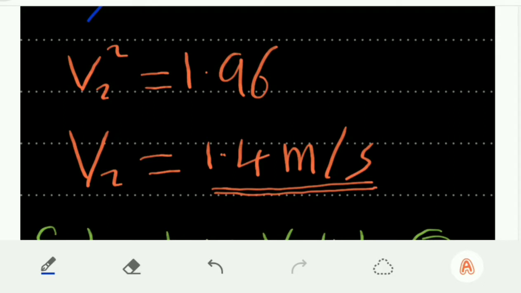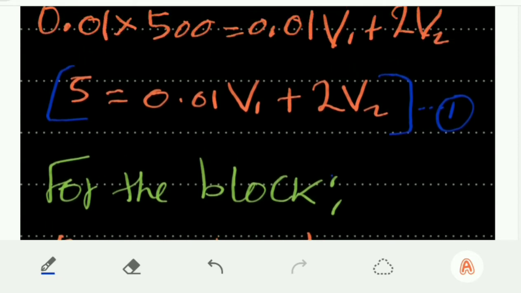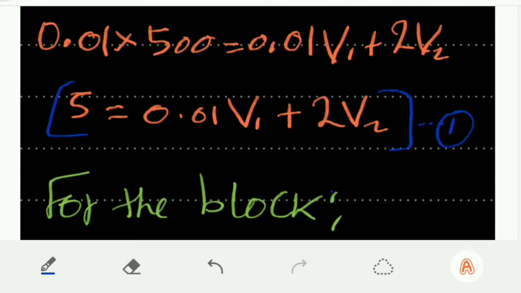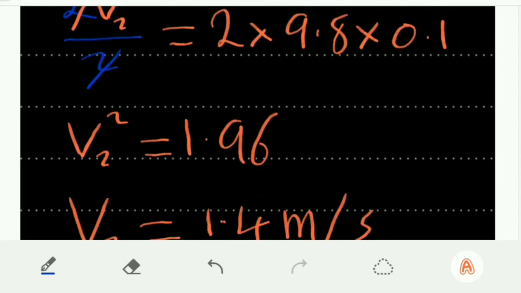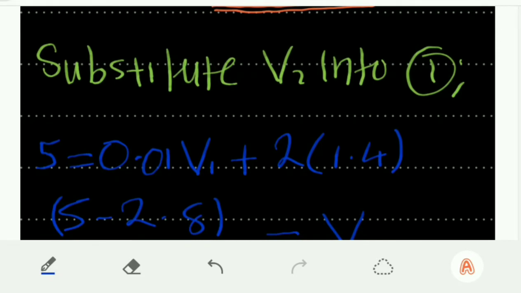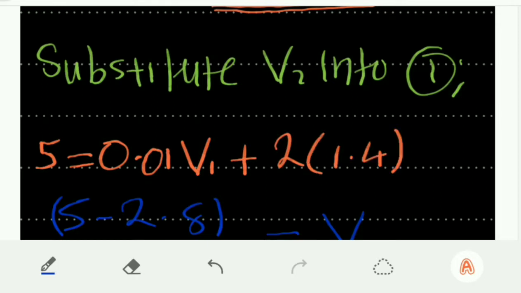Now we go back to our equation 1 here. We substitute the value of v2 and then we find v1. We know that v2 is 1.4 meters per second, and when we substitute, we have 5 equals 0.01 v1 plus 2 times 1.4.